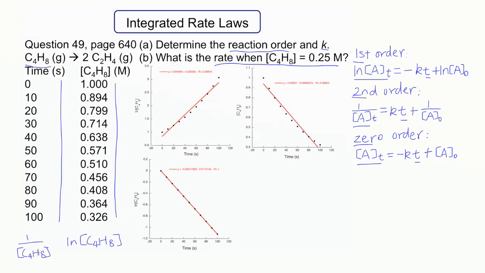You calculate the values based on the concentration of C4H8. Now you draw three graphs. The first graph is 1 over C4H8 concentration versus time. Second graph is the concentration of C4H8 versus time. The third graph is the ln C4H8 concentration versus time.